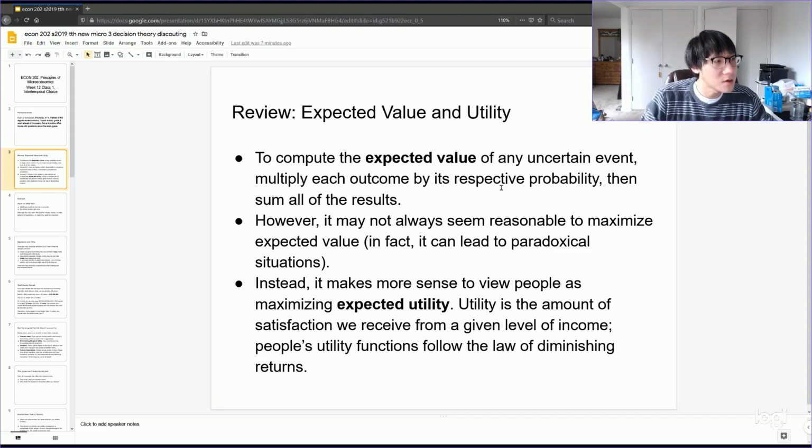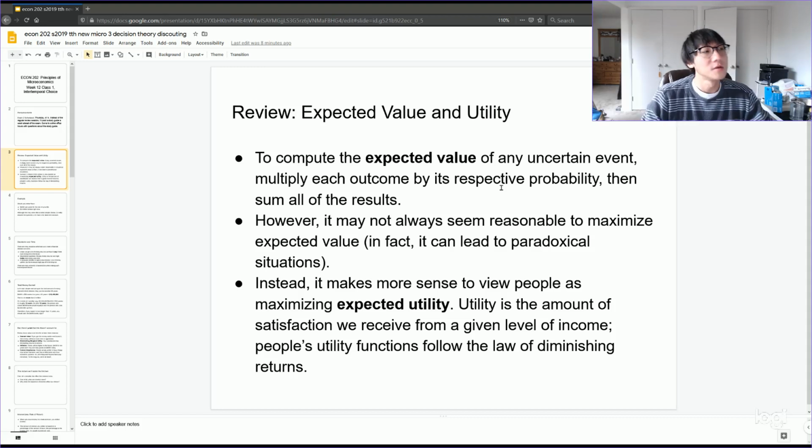And today we're going to talk about a related topic, which is how people make decisions, particularly financial decisions, with regards to the future. And one concept that will be relevant for both of these types of decisions is the concept of utility. And so let's just review that real quick.